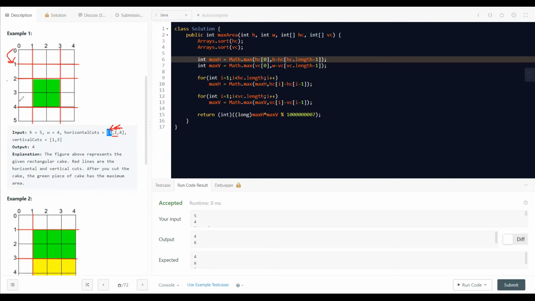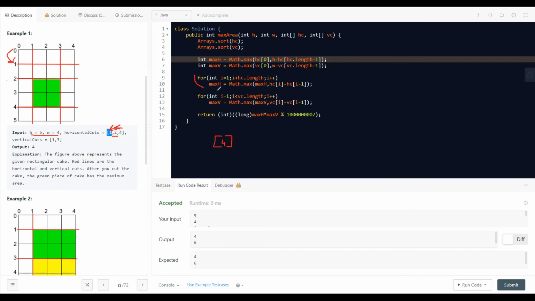Maybe the first cut was something around 4. That may happen, right? Say the horizontal cut is just an array of 4, and the hw remains the same, and the rest is the same. Then how will our lines of code work?